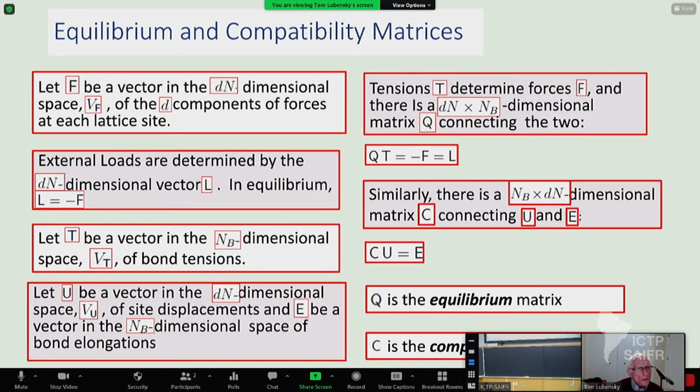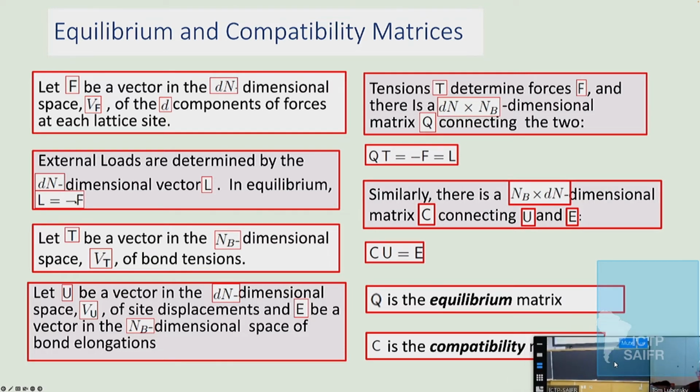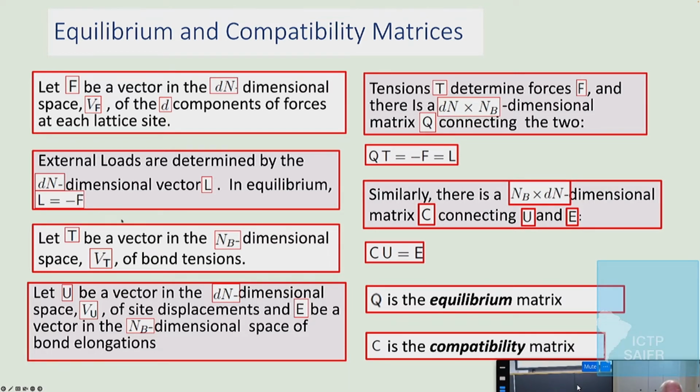External loads are determined by the dn-dimensional vector L, which in equilibrium is equal to minus the internal forces in the system. Let T be the vector in the N_B-dimensional space, V_T, of the bond tensions. And U a dn-dimensional vector in the space V_U of site displacements, and E is the vector in the N_B-dimensional space of bond elongations.